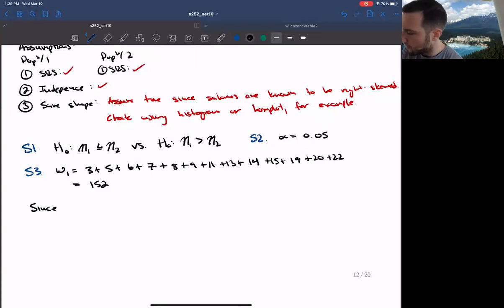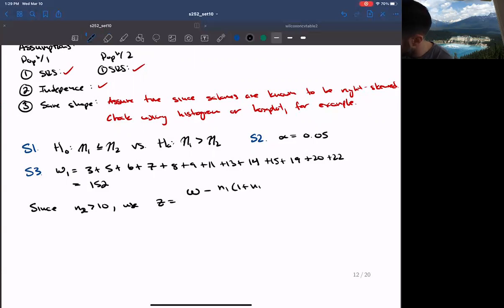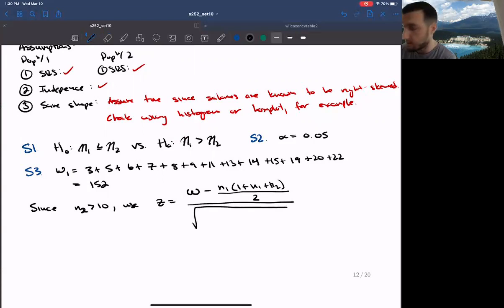So since n2 is greater than 10, use z is equal to W minus n1 times (1 plus n1 plus n2) divided by 2, which is divided by the square root of n1 n2 times (1 plus n1 plus n2) over 12.